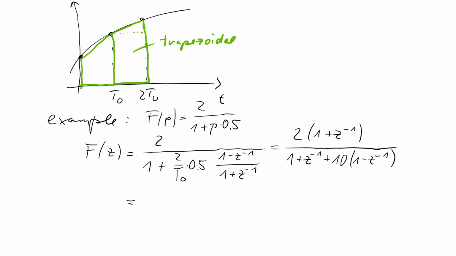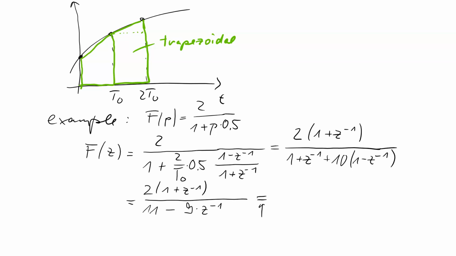So in total, if I put all things together, we have in the numerator the copy, and in the denominator now I sort by these, so we get 1 plus 10 times 1 is 11, plus 1 minus 10, this is minus 9, minus 9 times z to the power of minus 1.